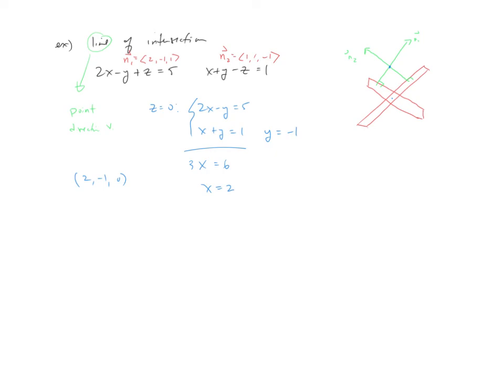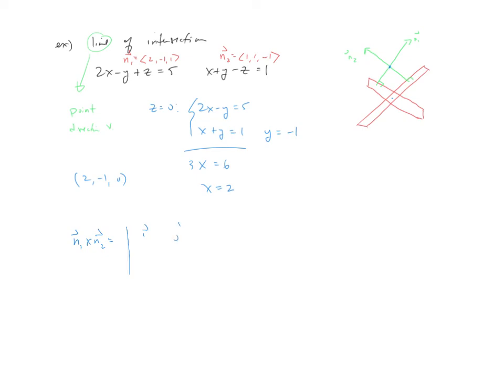So if I look at this vector and this vector, when I cross those, that's going to give me the vector that's perpendicular to both, or the one that's coming out of the screen at us. So for the direction vector, I'm going to take N1 and cross it with N2.